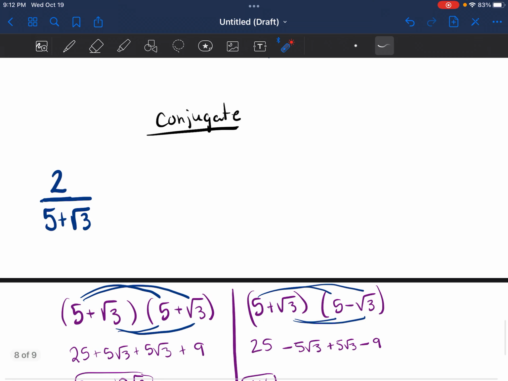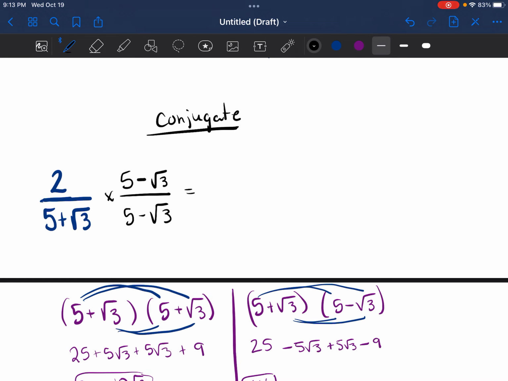So back to our original problem, I'm going to multiply by the conjugate. So I have 5, and I'm going to change this to minus the square root of 3. I'm going to take that opposite value. So 5 minus the square root of 3. I'm going to multiply now. I'll have 2 times 5 is 10 minus root 3.